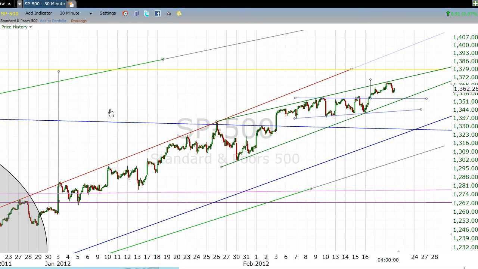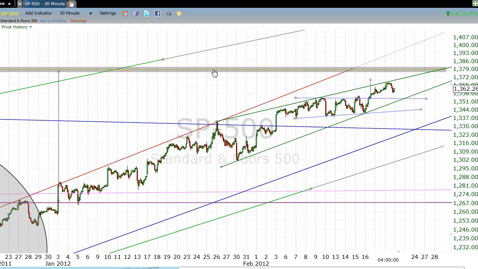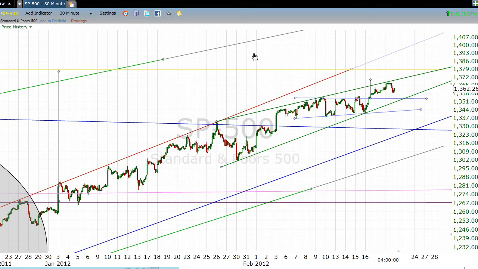Now here's the deal. We actually have two lines that are targets. We've got this yellow line that I have highlighted right here that is the target from the inverse head and shoulders. That line is somewhere between 1378 and 1330. And then we've got this little consolidation pattern and its little line, and it's not a huge target, but that says we should be getting up to about 1370.